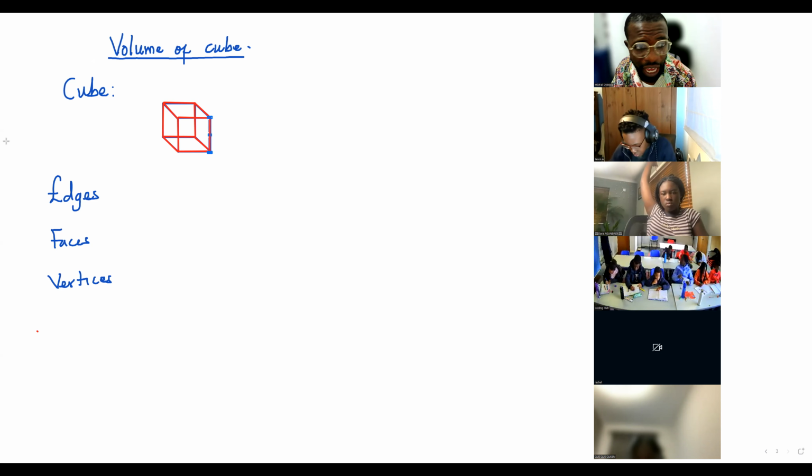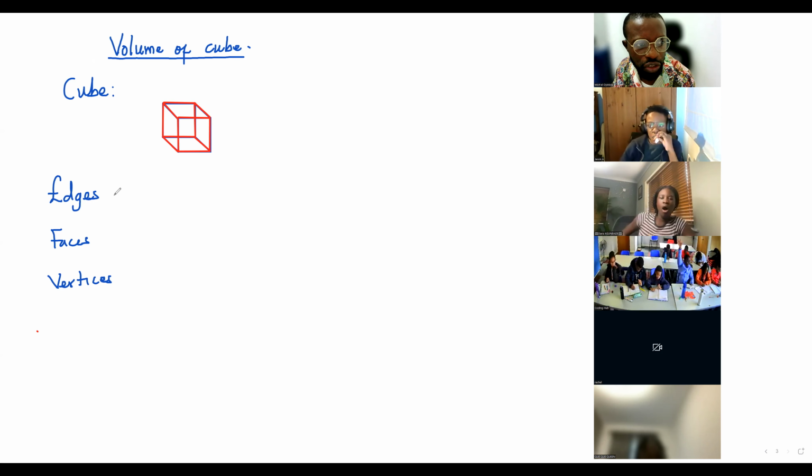How many edges, guys? 12. So a cube has 12 edges.